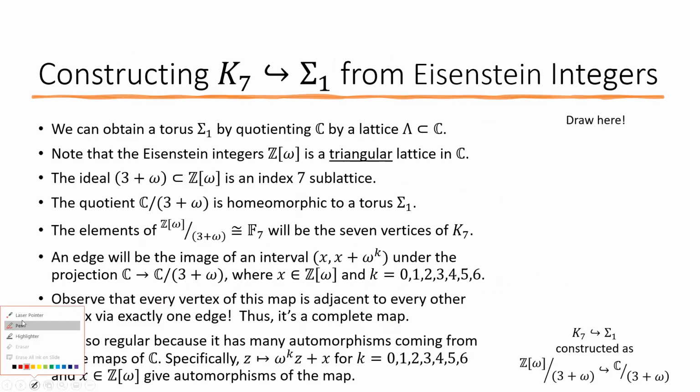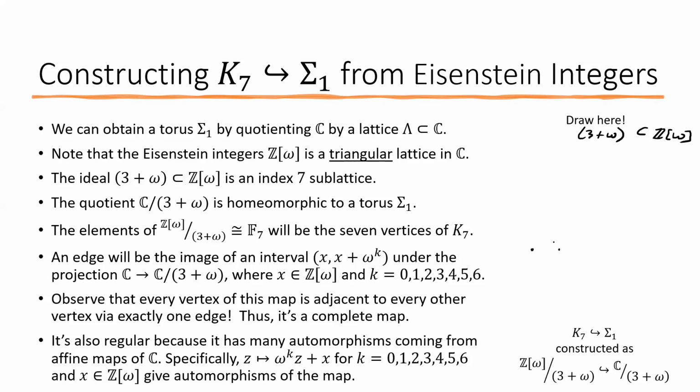So what we'll do is we have the Eisenstein integers, Z adjoin omega, and inside of there we have the ideal 3 plus omega. So let's do this. The Eisenstein integers is a triangular lattice inside of the complex plane.